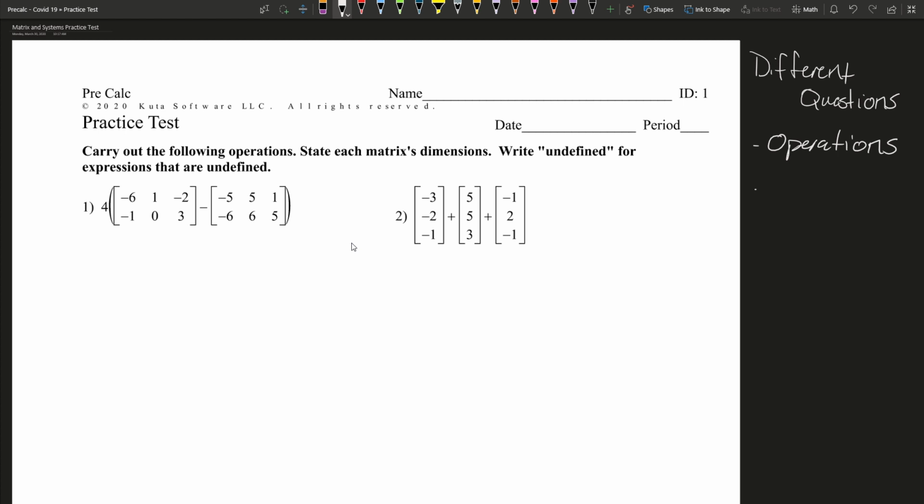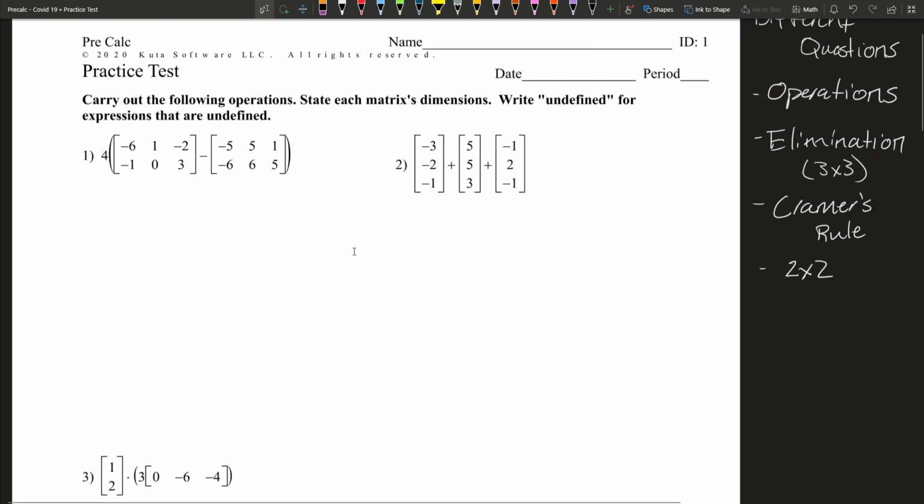After that, we have to be able to use elimination for a 3x3. We have to be able to use Cramer's rule. And then we have to be able to solve a 2x2 system in any way that you know how.